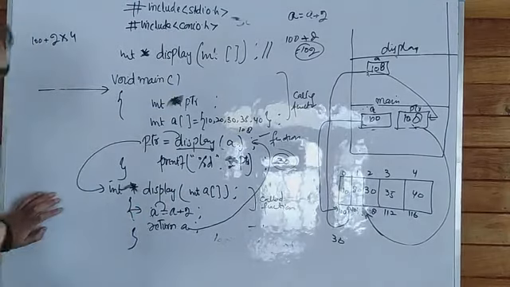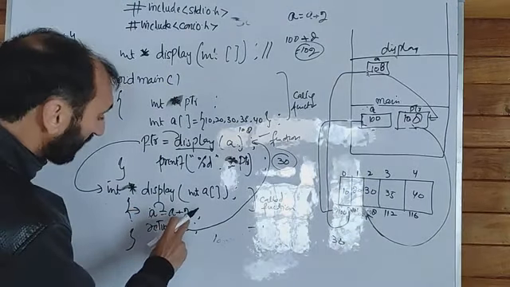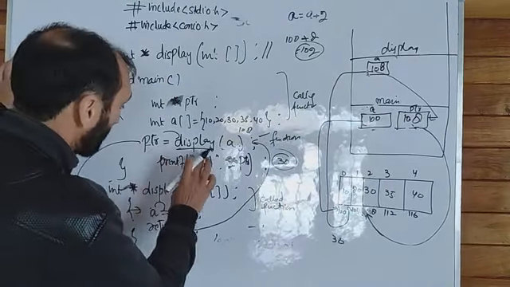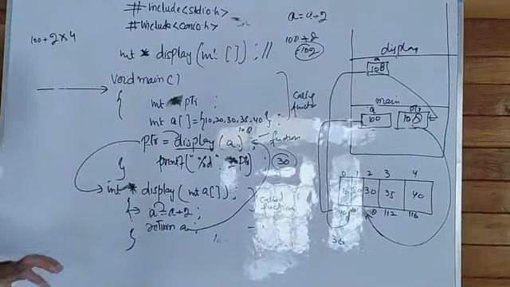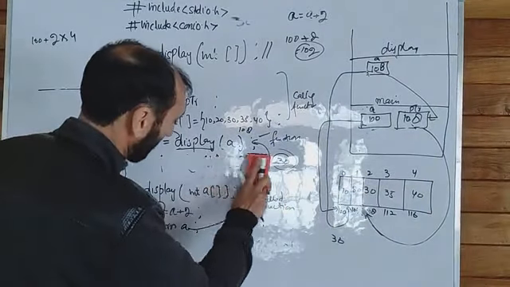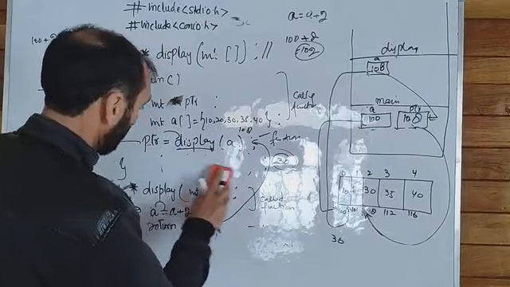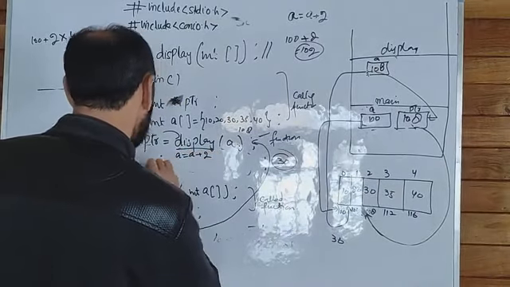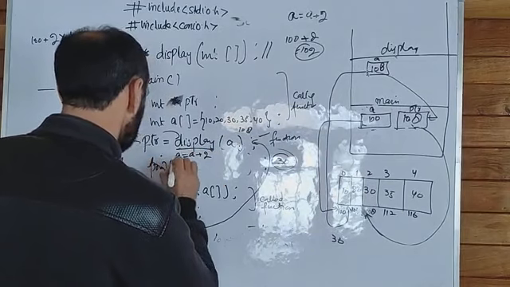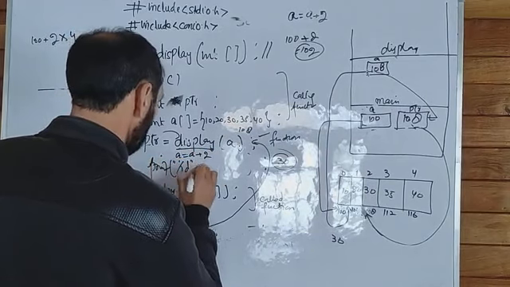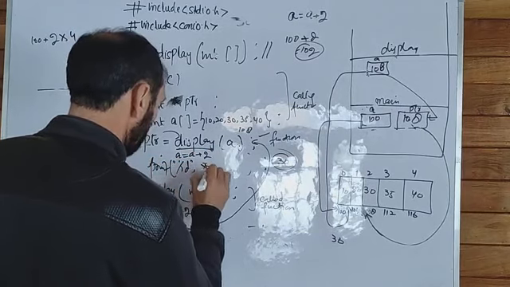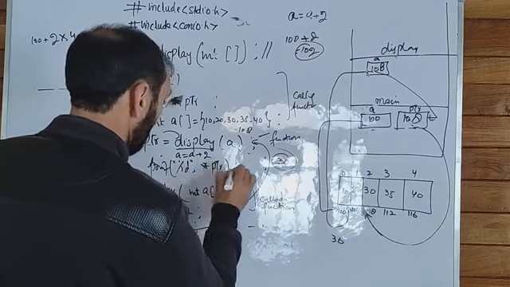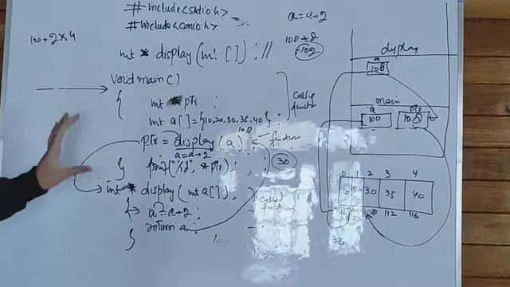But take care of one thing. Let us say a equals a plus 2. For example, before displaying this, you could write a equals a plus 2, then printf of %d, asterisk PTR.